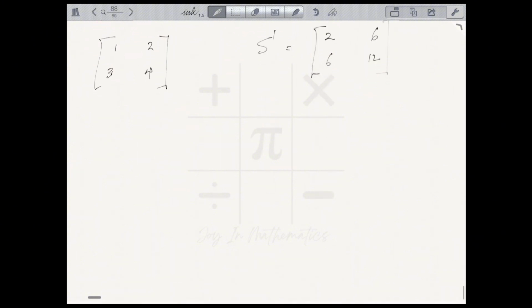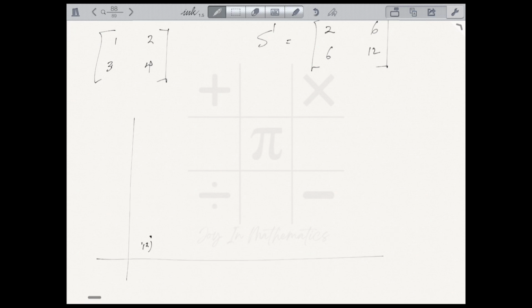Let's see if we can draw a graph for this now. So we have this. The line consists of 2 points, (1, 2), and let's say (3, 4) here.